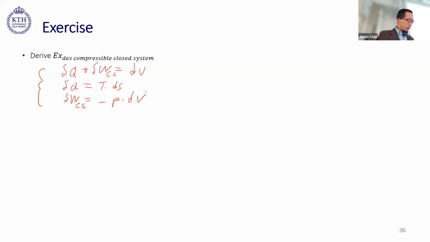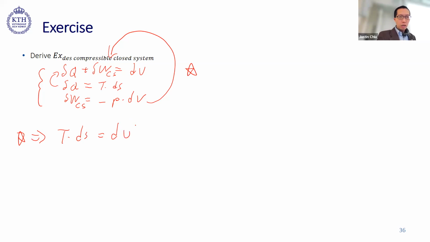So those are definitions. If we put Q and the work inside, the star equation will become T dS equals dU, and I also put the work on the other side because I don't want the minus sign, plus P dV, right? This is a direct recombination of the definitions.